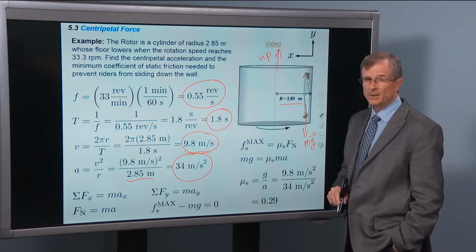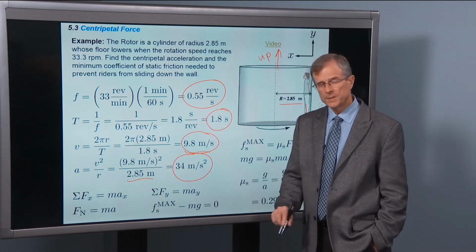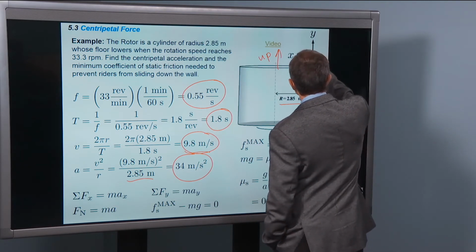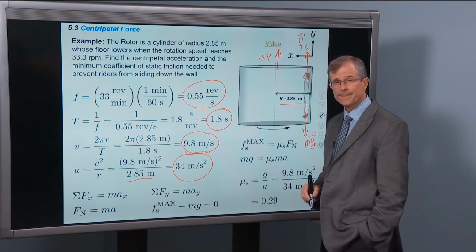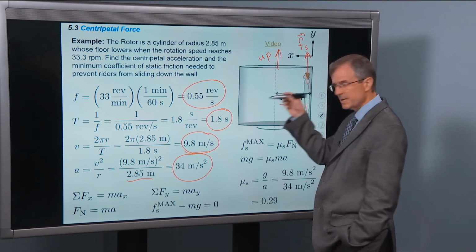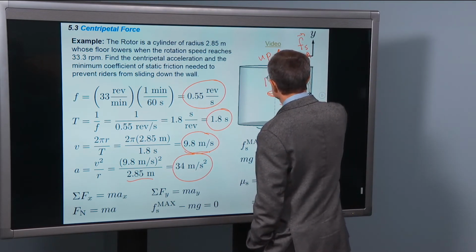We've got something holding him up that's preventing him from sliding down the wall. What is that? And you say, well, isn't that static friction? And I say, yeah, sure is. It's holding him up. So what's pushing on him this way, toward the center of the circle? And the answer is the normal force.